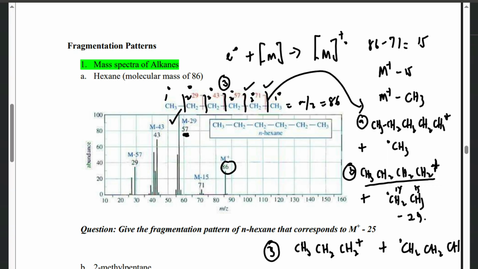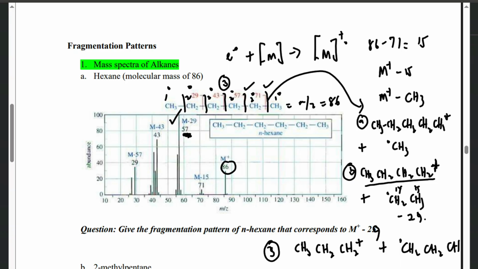You can be given a question: give the fragmentation pattern of n-hexane that corresponds to M plus minus 29. That's what we just added here.